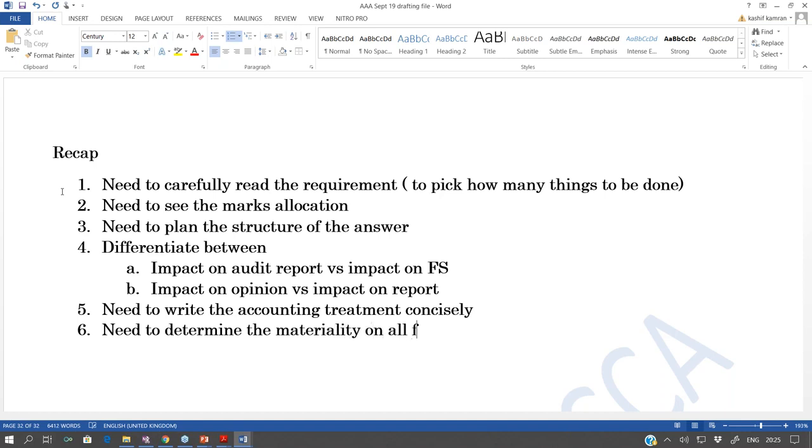on all factors in a reporting question, right? I'm talking about a reporting question recap, right? Need to determine the materiality on all factors and take whichever is higher, right?